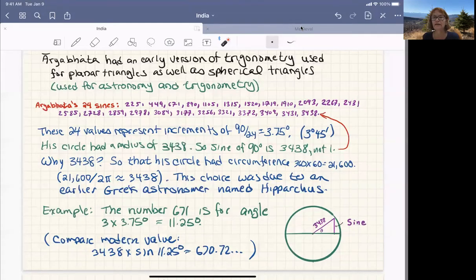So that's surprisingly accurate. If you take the correct value and round it to the nearest integer, that's exactly what you get. So very nice, very accurate result.